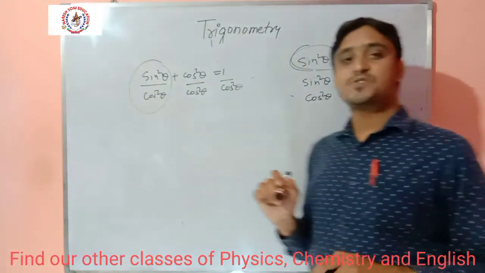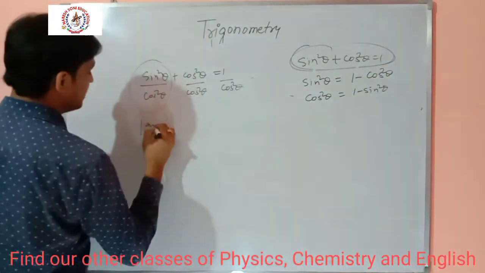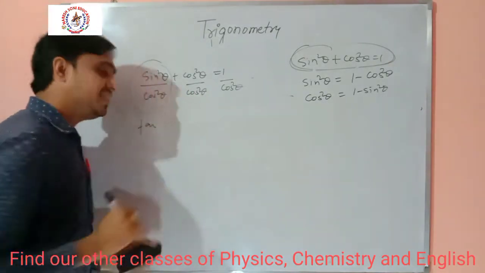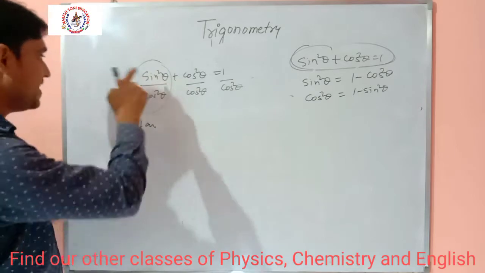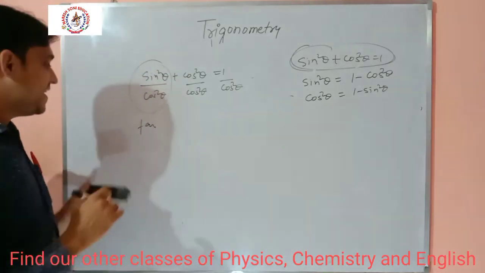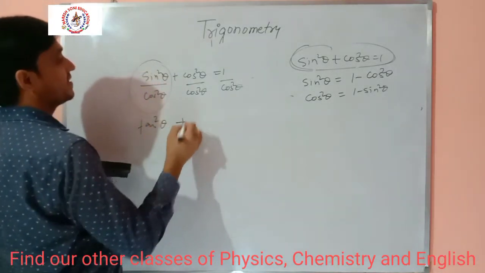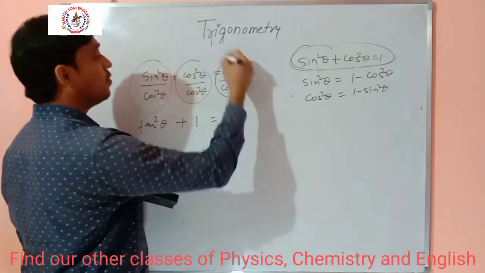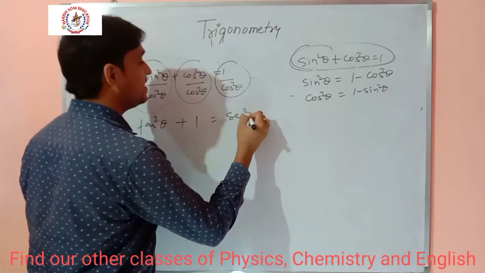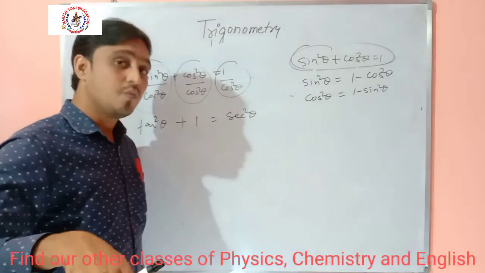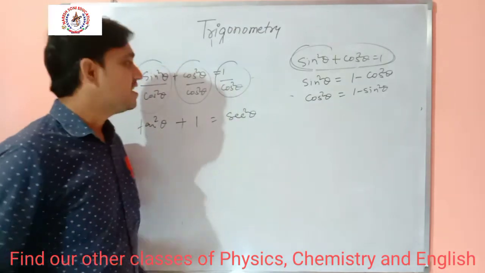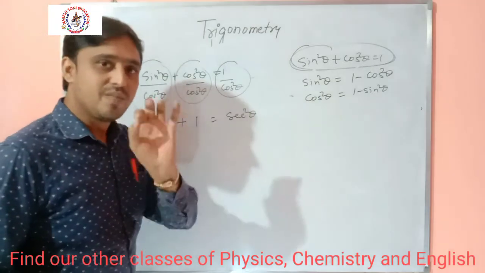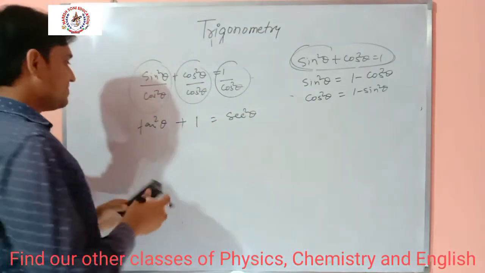That is tan square theta, right? Because sin theta upon cos theta is tan theta. So sin square theta upon cos square theta is tan square theta. Cos square upon cos square is 1. 1 upon cos square theta is sec square theta, right? Because 1 upon cos is sec theta. So here 1 upon cos square theta will be sec square theta. Get my point? Okay?